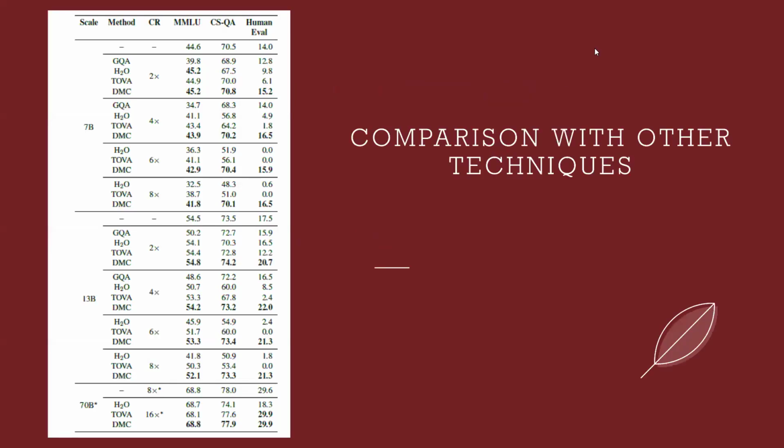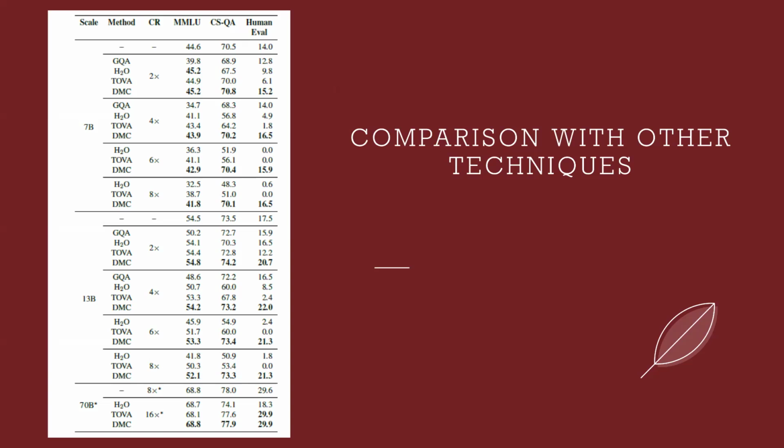Just a moment, I'll move this over here. It's pretty easy to see. We can see here the different methods. There are a few other techniques out there designed to reduce memory usage in transformers. We can see GQA, that's grouped query attention, and then key value eviction policies like H2O as well as TOVA.